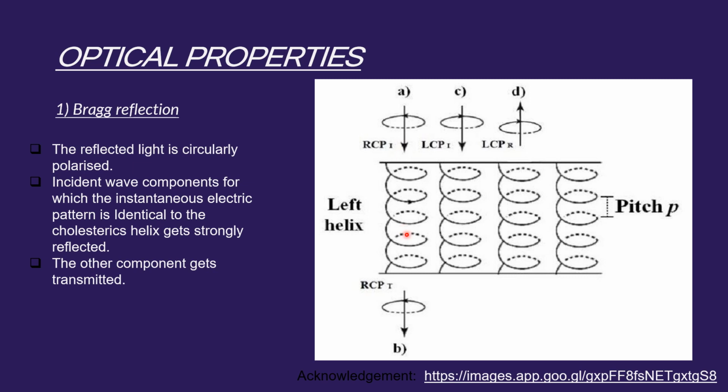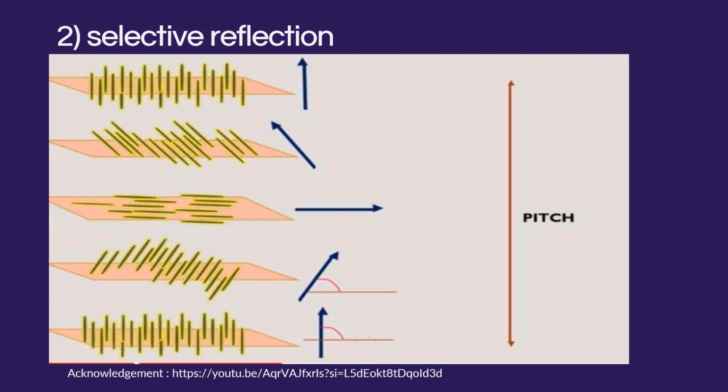In such cases, we observe strong transmittance of that light. So basically, the optical property of a cholesteric phase or a cholesteric medium is imparted due to its helical structure.